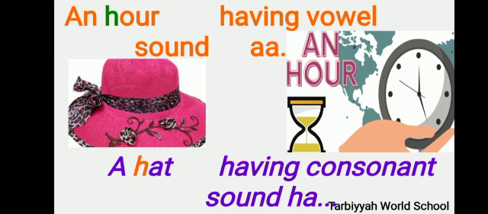Here H is having a consonant sound H. So we put a hat. Okay. So sometimes we put the articles a or an on the sound, not on the actual letter with which it begins.